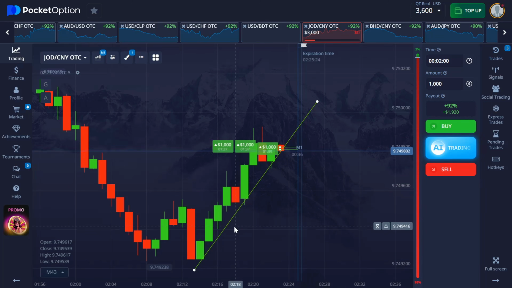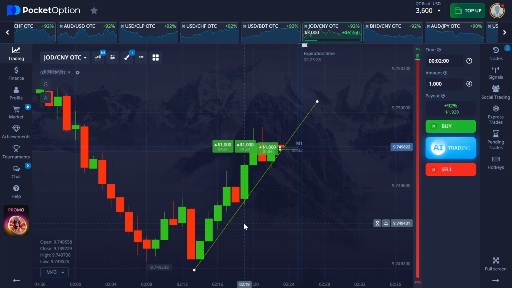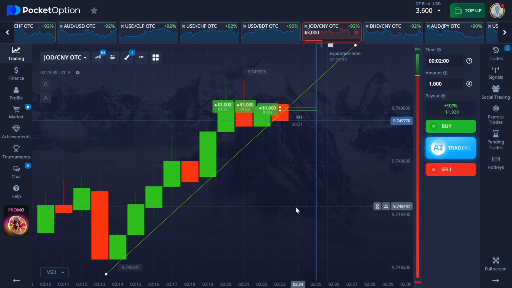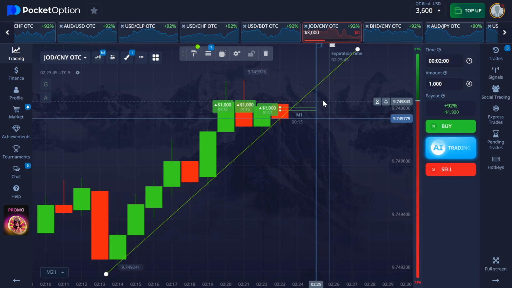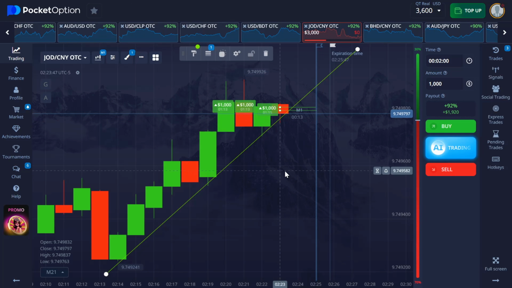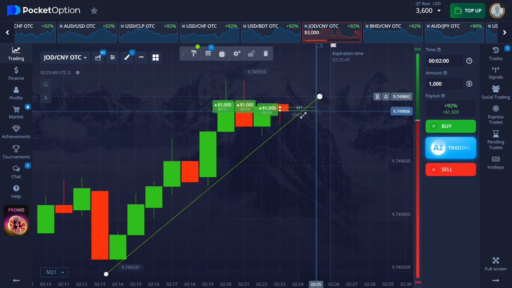And remember, I spoke about that when you're using trend lines, you're just automatically in the direction of the trend. It's just automatic, right? And this is the reason why this strategy is very good for beginners, especially if you're new to trading and you don't understand certain stuff. It's just so good. Now let me show you guys.